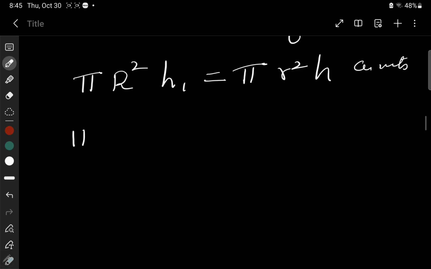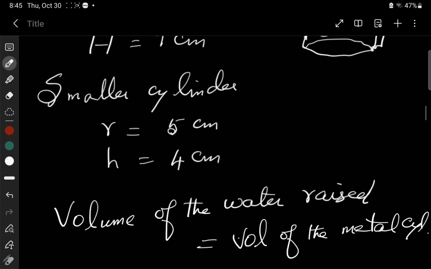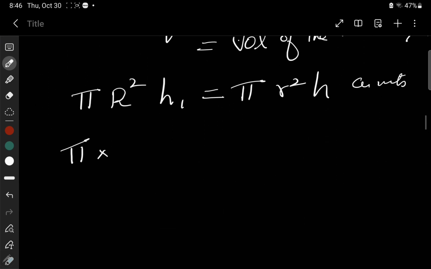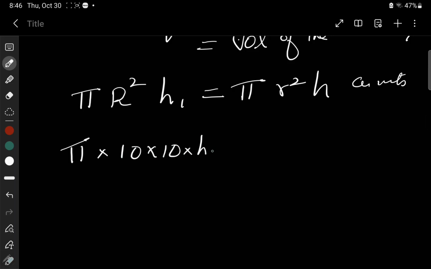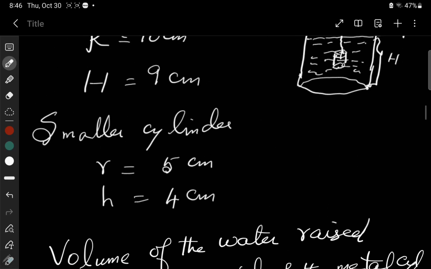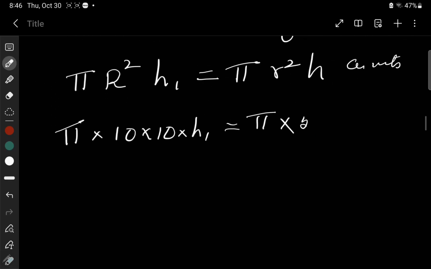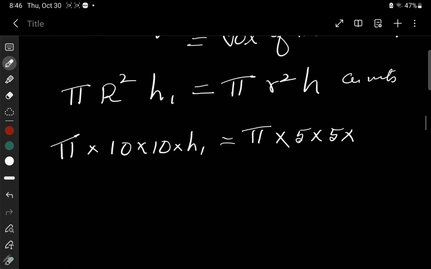So just keep pi as it is. What about capital R here? Capital R is 10. 10 into 10 into h1 is equal to pi, small r is here 5, 5 into 5 into h is 4.